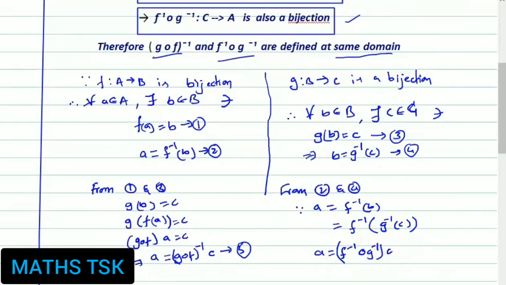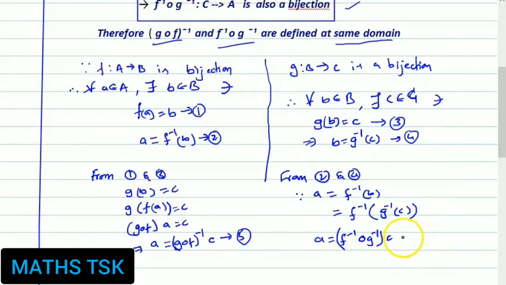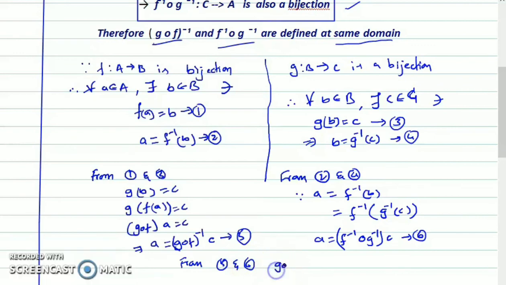Look here, from these two equations 5 and 6, the LHS are equal, therefore the RHS are equal. So from 5 and 6, for some element c, (g∘f)⁻¹(c) is equal to (f⁻¹∘g⁻¹)(c).